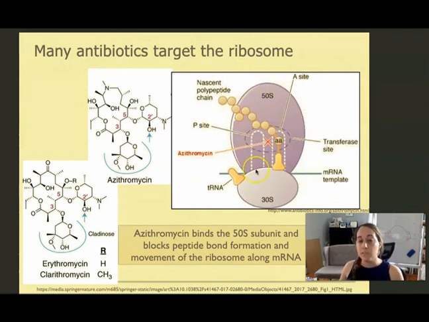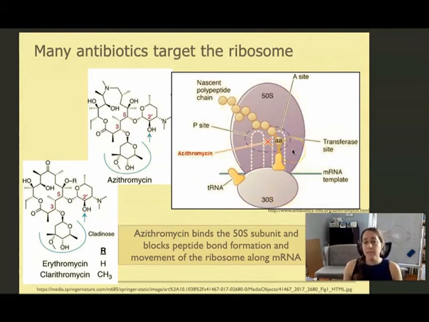50S ribosomal subunit in bacteria, and they stop the transferase activity, which means that we could get a tRNA coming into the A site, but you're not going to get the transfer. You're not going to get the formation of a peptide bond between the A site and the P site, and the tRNA cannot move from the A site.